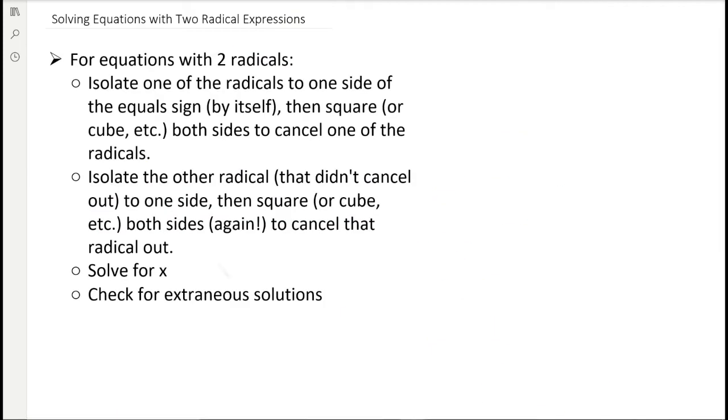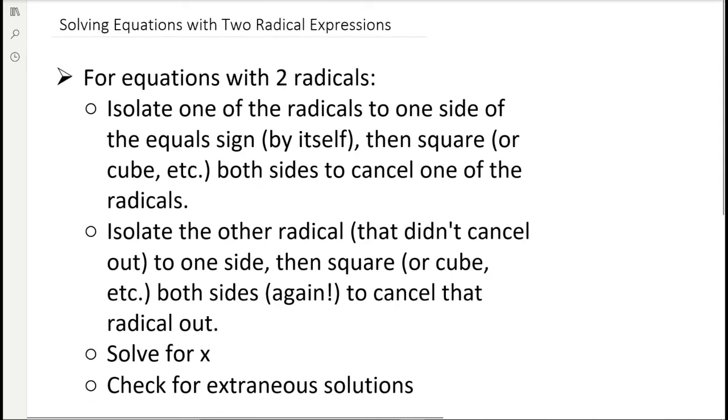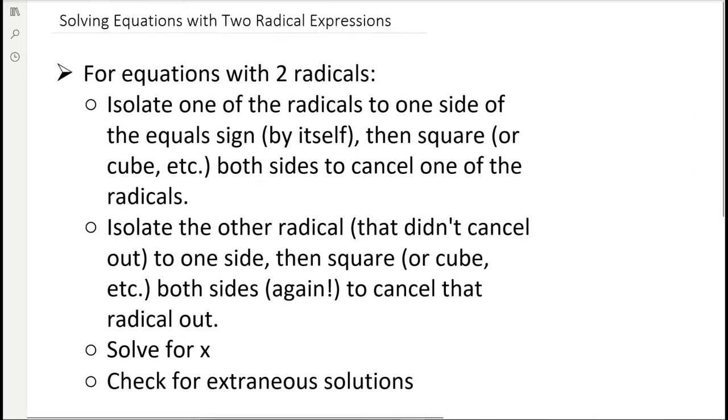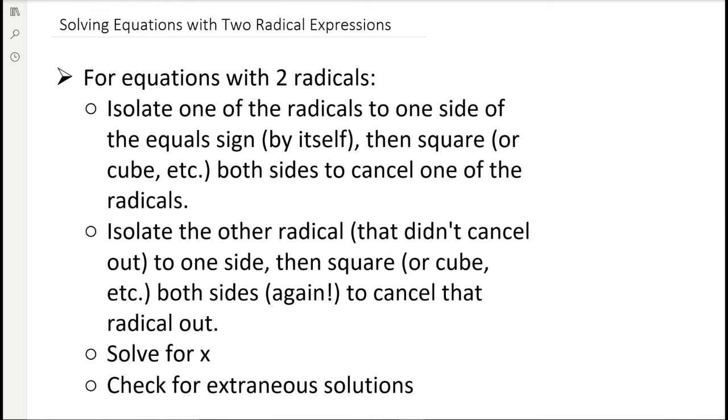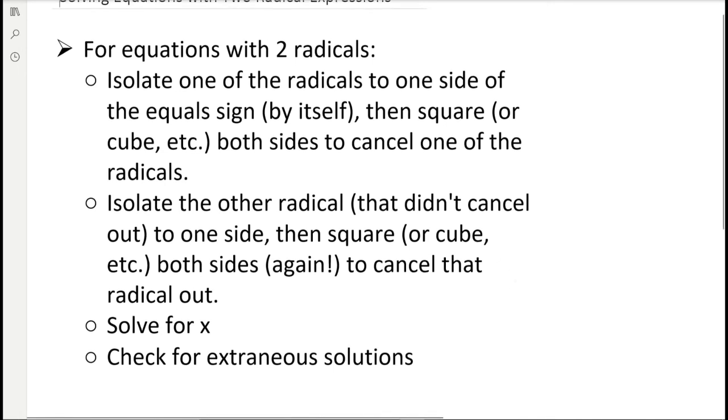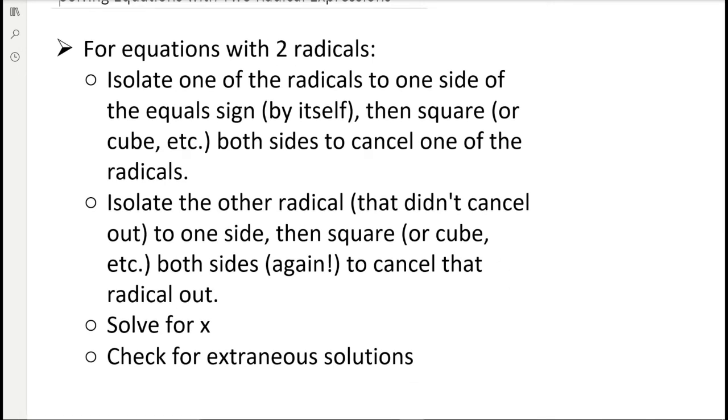All right, so now the next topic here, we're going to be solving equations with two radical expressions. So if we have two radical expressions or two radicals, what we're going to do is we're going to isolate one of the radicals to one side of the equal sign so that it's all by itself. Then we're going to square or cube, depending on the radical, both sides to cancel one of the radicals.